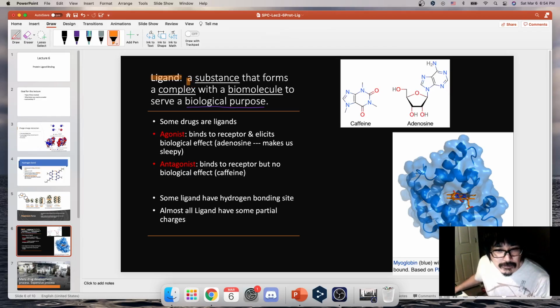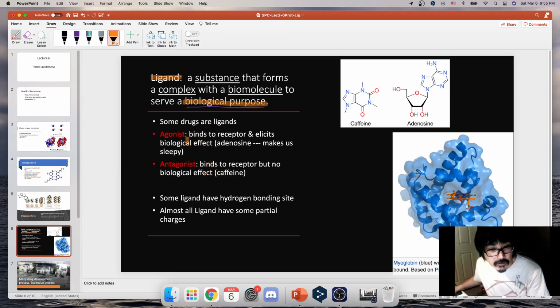The definition of ligand in biology is a substance that forms a complex with a biomolecule to serve a biological purpose. That's ligand. So there are two types of ligand right here.